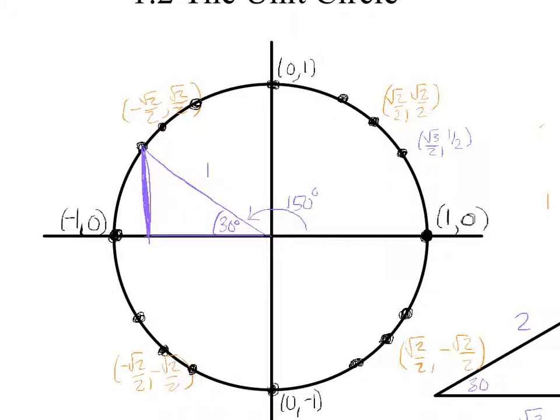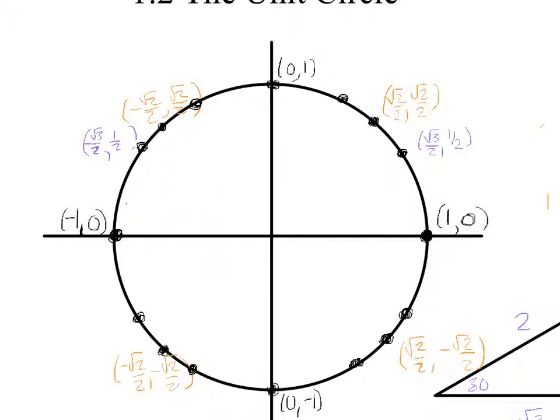And again, I want that to be a 1, so this would have to be root 3 over 2, and this would have to be 1/2, which means my angle is going to intersect with the unit circle, and the x value is going to be root 3 over 2, only in the negative direction. And the y value is going to be 1/2, positive. And so that point is going to be negative root 3 over 2 and 1/2.